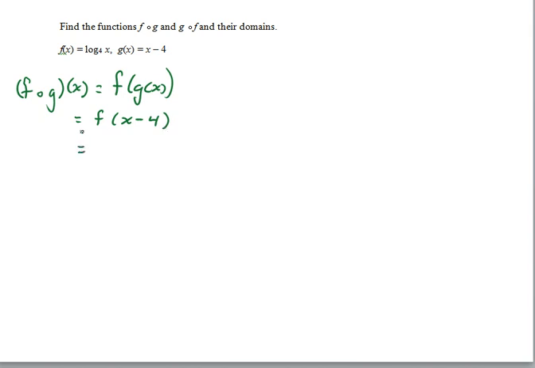And f takes the log base 4 of whatever it sees. So we get the log base 4 of x minus 4. So x, first of all, goes to x minus 4, which allows any real number, but then to log base 4 of x minus 4.